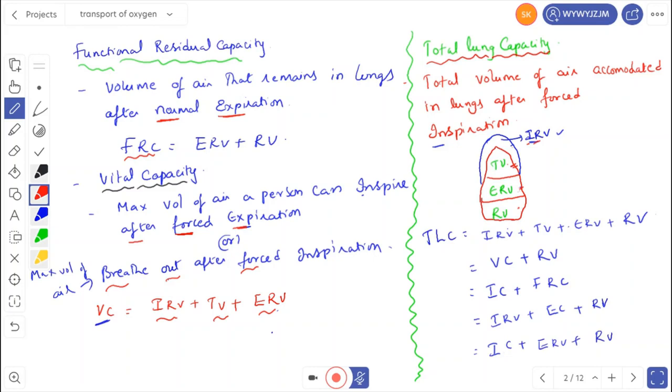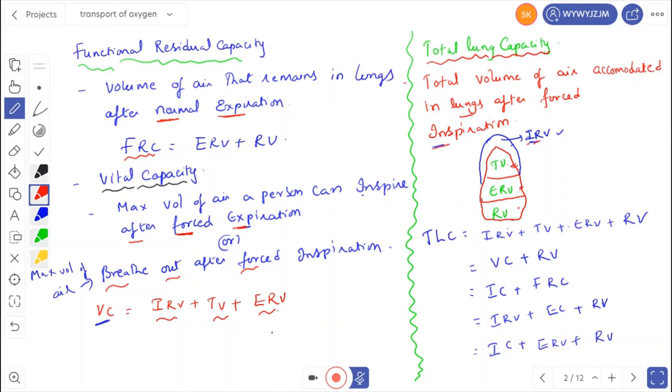Then what is total lung capacity? Total volume of air accommodated in lungs after forced inspiration. What is the volume of air present in your lungs after forced inspiration? RV is already present; RV always remains in the lungs.